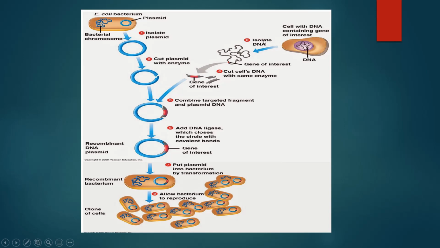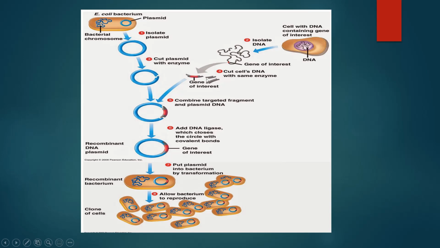Once the DNA is isolated, it is cleaved with the same restriction enzyme. Some fragments are produced. Then we go for electrophoresis. Different sized fragments are produced. So this gene of interest containing fragment is also cut with the same restriction enzyme.